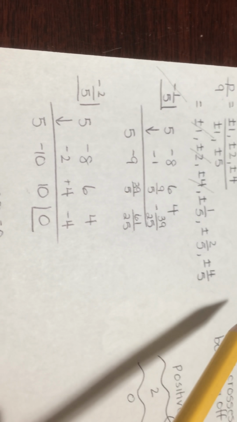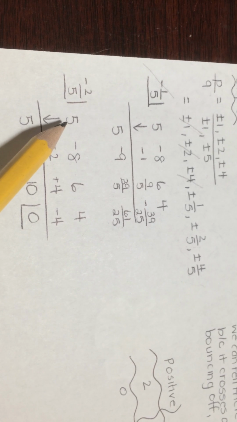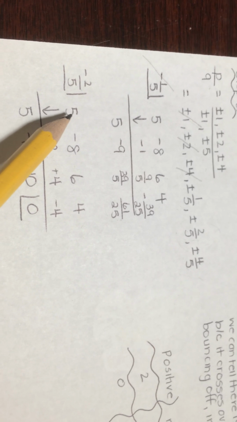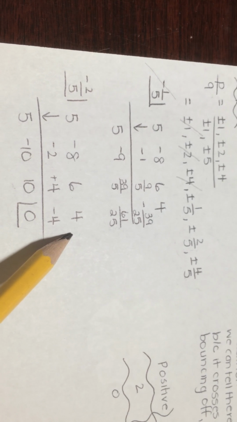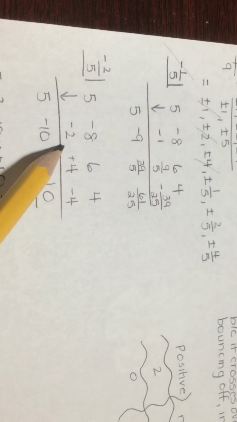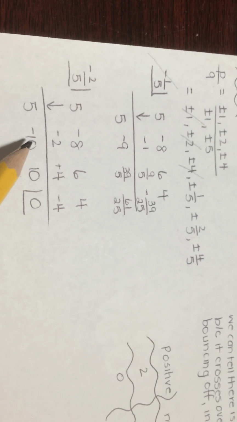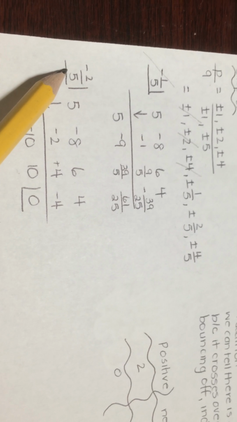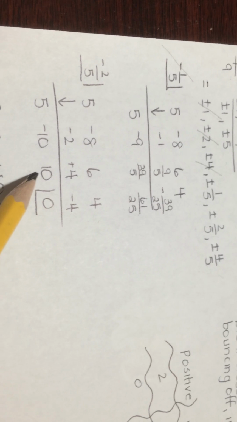Moving on, the next possible root is negative 2 over 5. We start off the same way by writing down the coefficients of the terms. Then we bring the 5 down, times negative 2 over 5 gives us negative 2. Negative 8 plus negative 2 is negative 10. Negative 10 times negative 2 over 5 is positive 4. 6 plus 4 is 10.